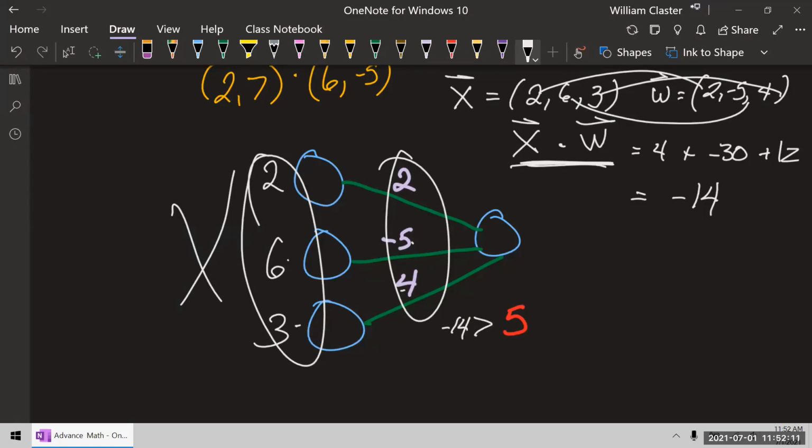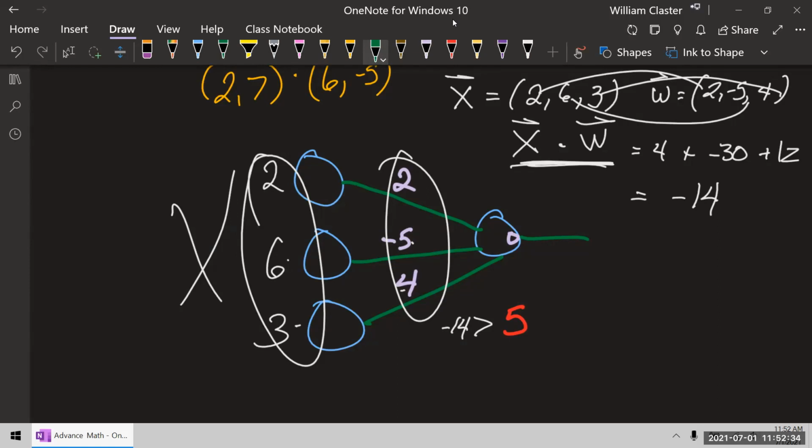No, it's less than 5. So therefore the output here would be 0. Now, as I said, we could have a weight here. So we'll have a weight there. But the output from here would be 0. Okay, does everyone follow this?